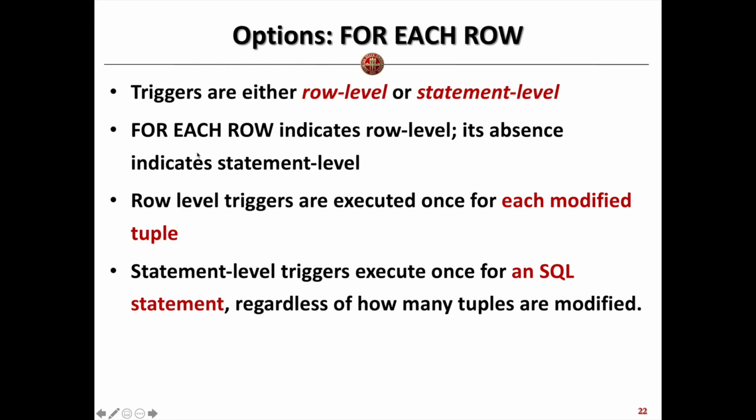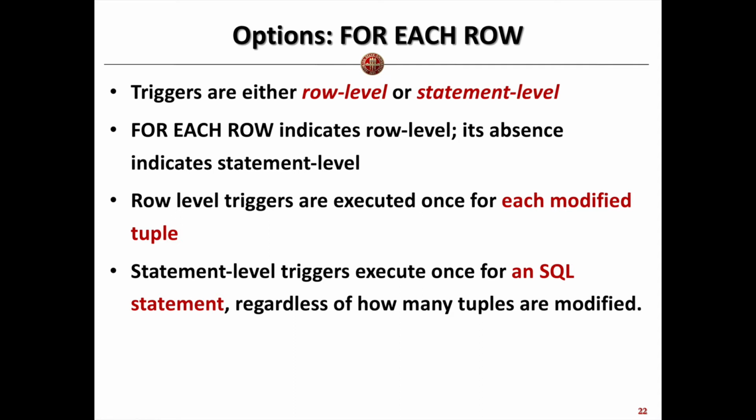If we don't have it for each row, it will be a statement level trigger. And row level triggers are executed once for each of the modified rows or tuples. Meanwhile, a statement level trigger executes once for an SQL statement, regardless of how many tuples are modified.